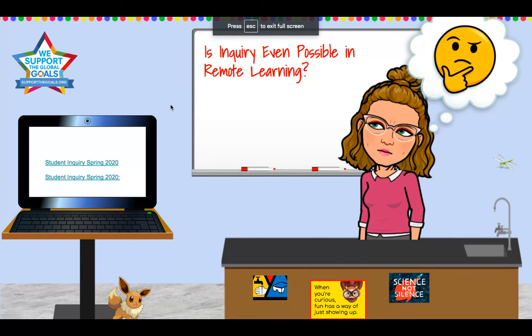The question was, is inquiry even possible in remote learning? It's definitely not impossible. It also requires a little bit of patience and creativity and work for sure.